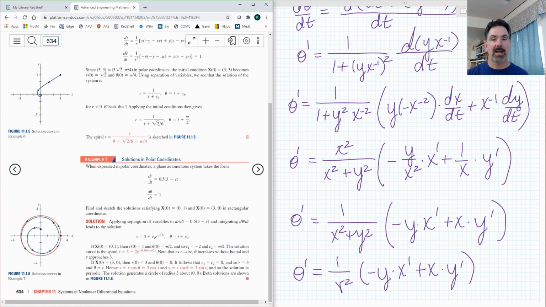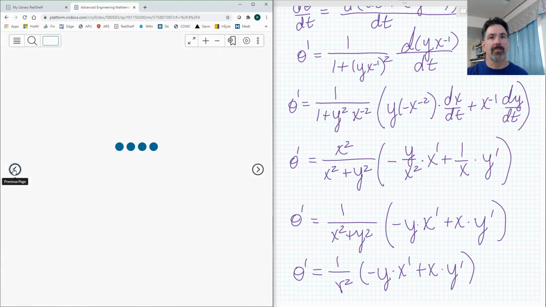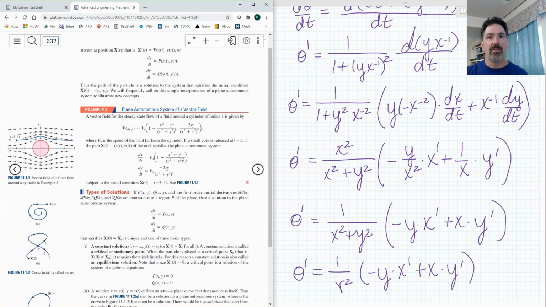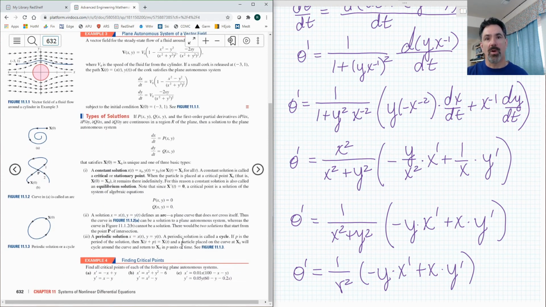This is a different type of periodic orbit, and it's the reason that they emphasize periodic orbit over here on page 632, where they talked about the different types of solutions, and one of them that they pulled out, even though it's a function, they called out as a special item, which is this periodic solution.